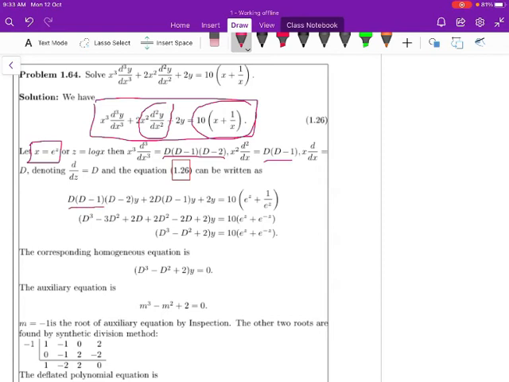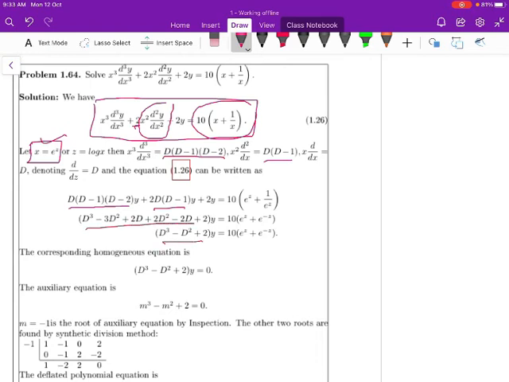Therefore, equation 1.26 becomes D into D minus 1 into D minus 2 into y plus 2 into D into D minus 1 into y plus 2y is equal to 10 times of x plus 1 by x, which with the transformation x equal to e power z is e power z plus 1 by e power z.